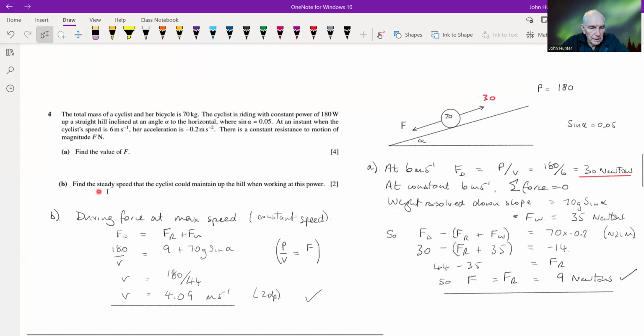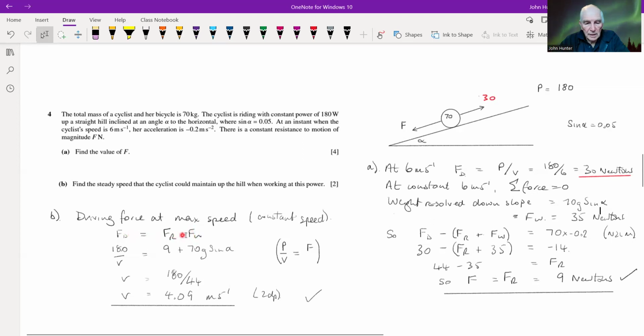Right, find the steady speed that the cyclist could maintain up the hill when working at this power. At constant speed there's no acceleration, so the net force is 0. The driving force is going to be equal to the resistance force, friction or air resistance maybe, plus the resolved part of the weight down the slope.